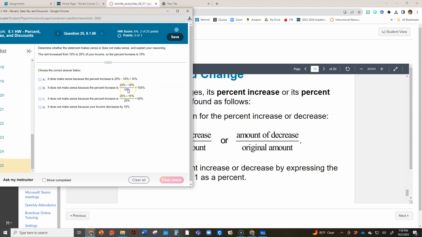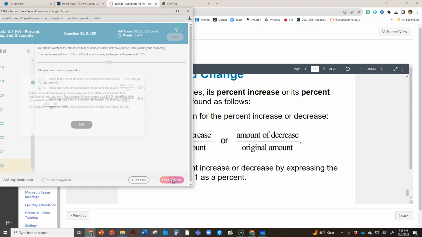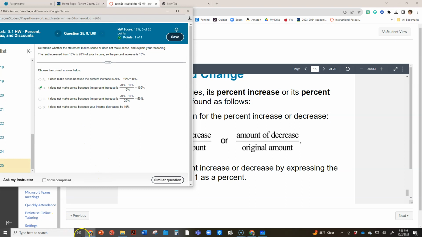Because 10 over 10 is 1. And when you change 1 to a percentage, it's 100%. So this should be the correct answer. And that finishes this section.